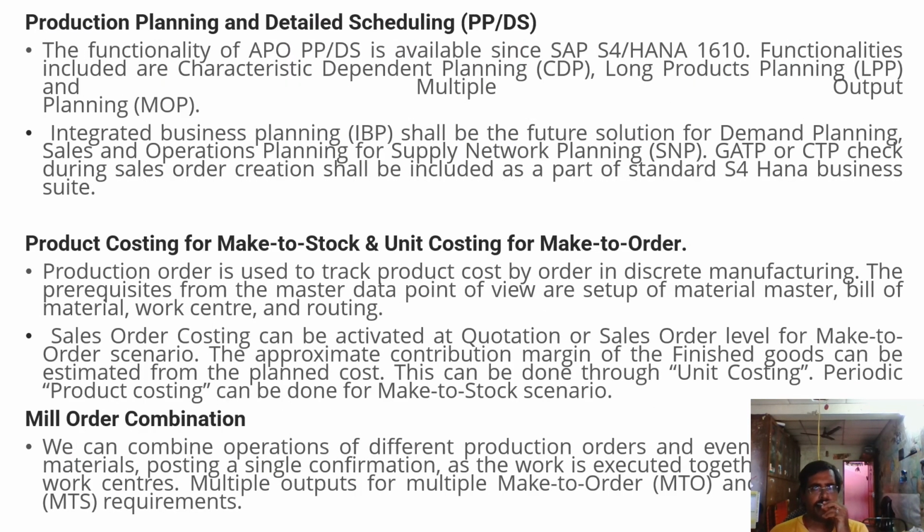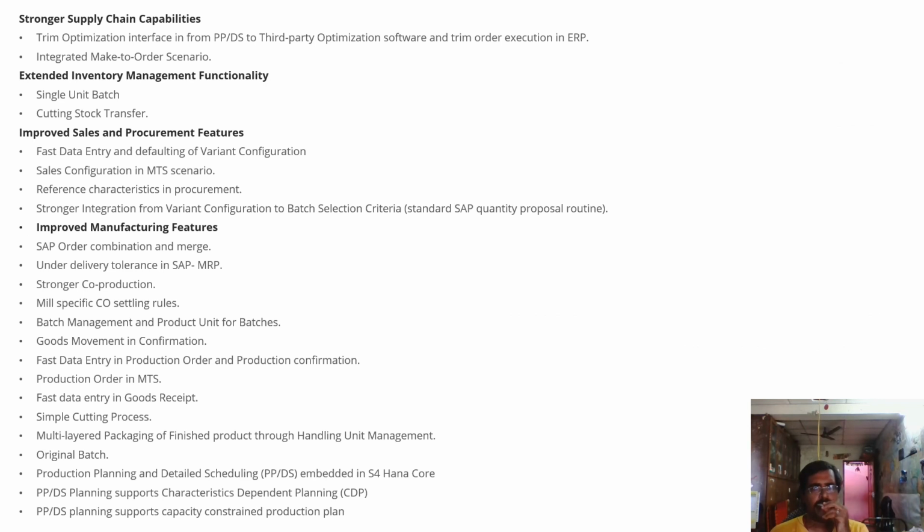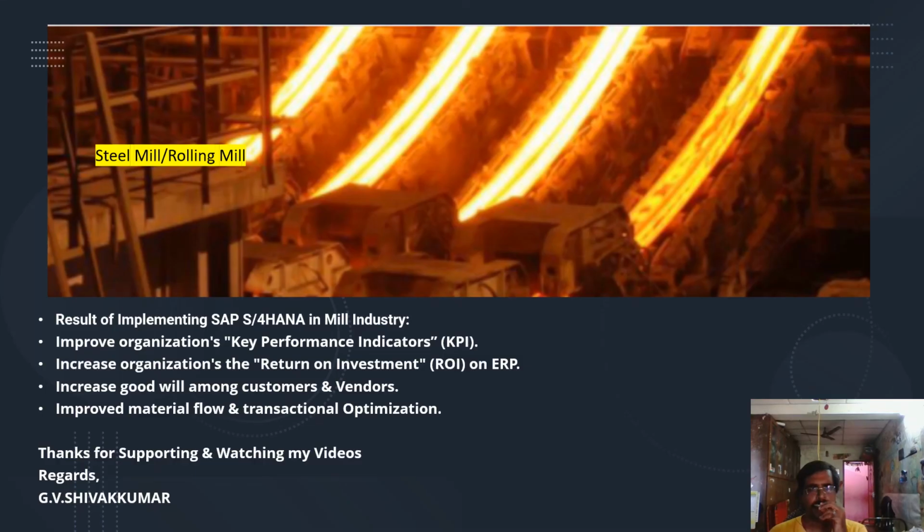We will see the important functionalities, that is stronger supply chain capabilities, extended inventory management functionality, improved sales and procurement features, and improved manufacturing features, which the SAP mill industry will consider. So how to optimize that, and the results of implementing SAP S/4HANA in a mill industry. We can see that in the second part of SAP S/4HANA solution for the mill industry.